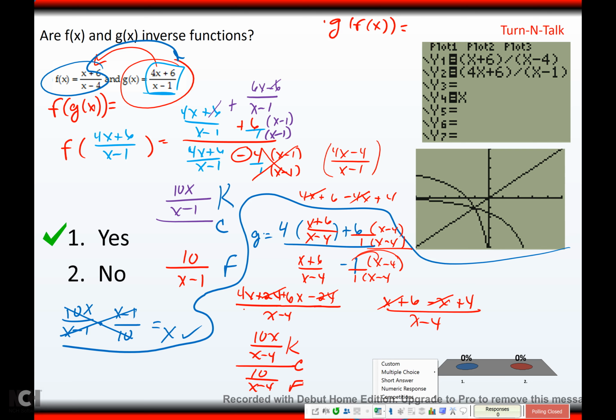Keep, change, flip, I get 10x over x minus 4 times x minus 4 over 10. The x minus 4's cancel, the 10's cancel. I end up with x, which is the mother function, on both compositions, so yes.